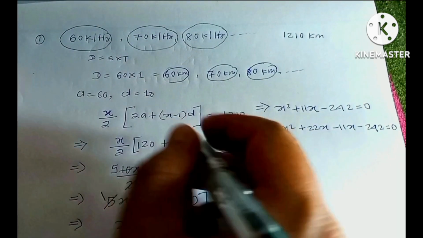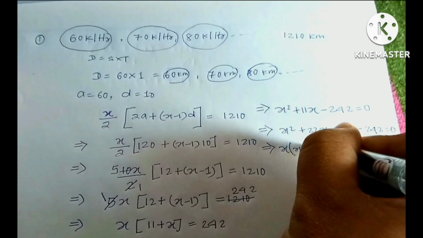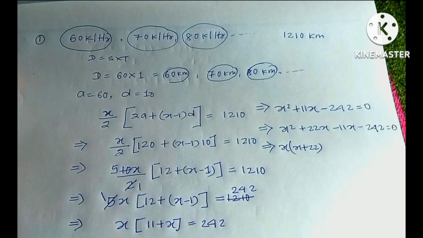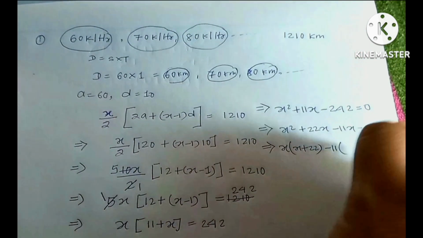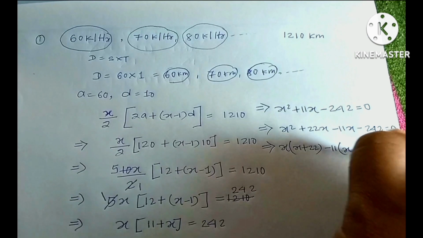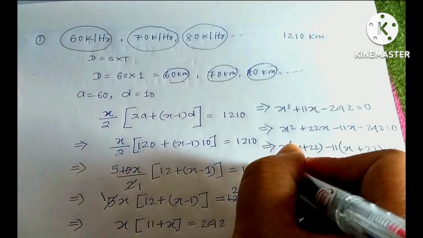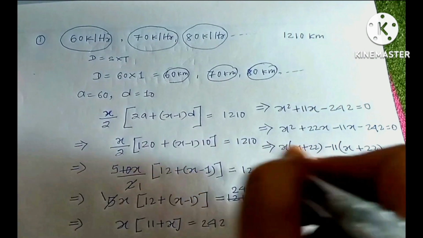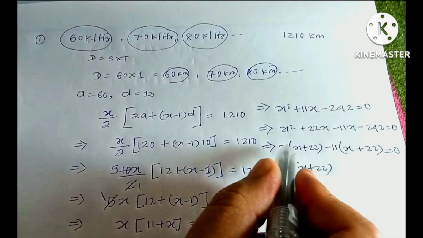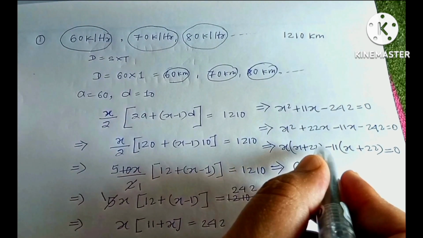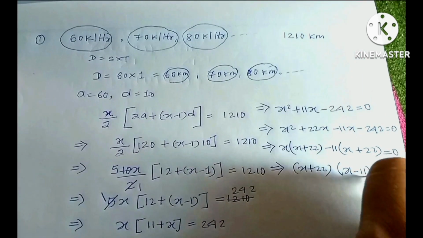From the first two terms we can take out x as common, so it remains x plus 22, and from the third and the fourth term we can take 11 as common, so here remains x plus 22 is equal to 0. In the next line we can take x plus 22 as common, so in the first term there remains x, and in the second term there remains only minus 11, x minus 11.